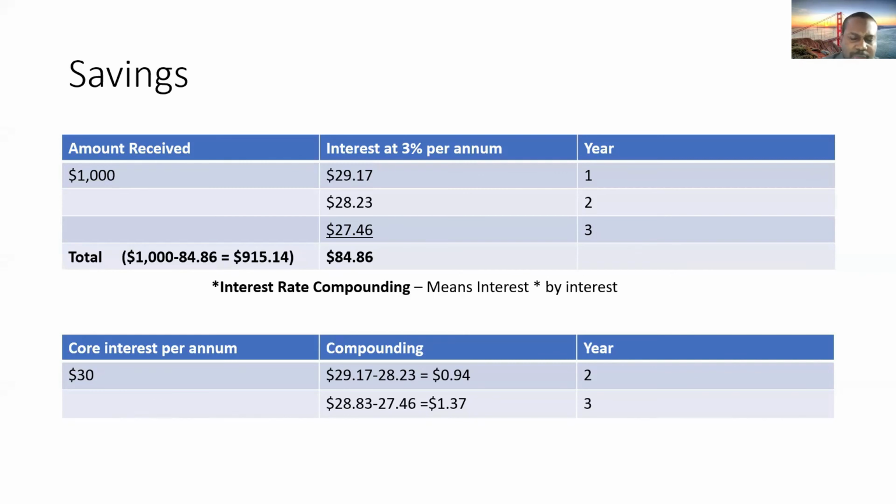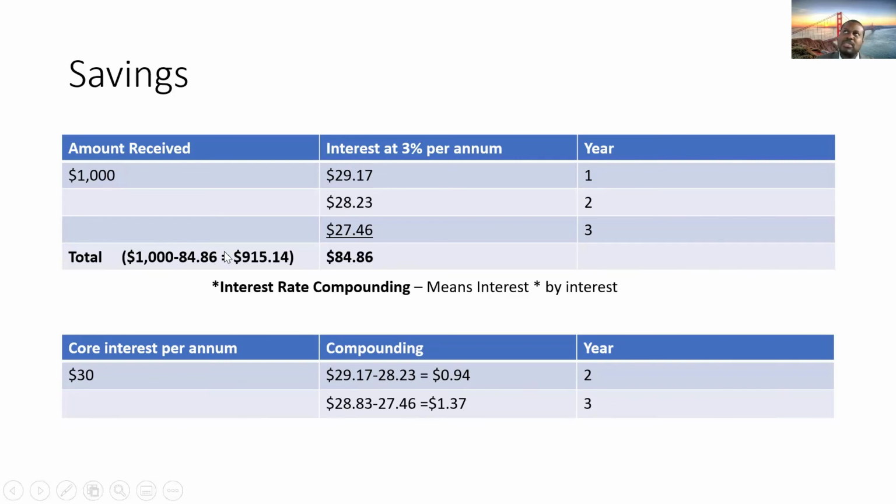If we're working backward, when we were working forward, 3% would be 30, and then we have 30.90, etc. Or when we're working the opposite way, the first one is 29.17, and then it's 28.23 and 27.46. All together, we add them up, it is 84.86. But let's look at it even further.